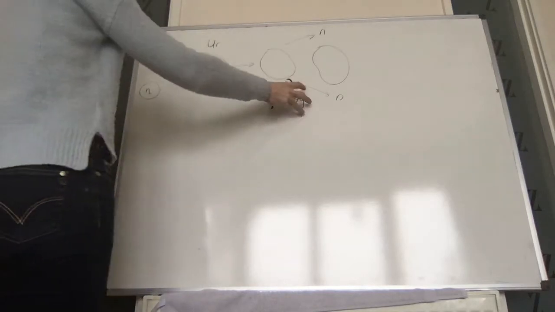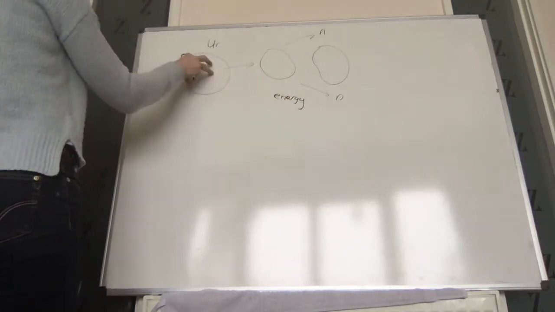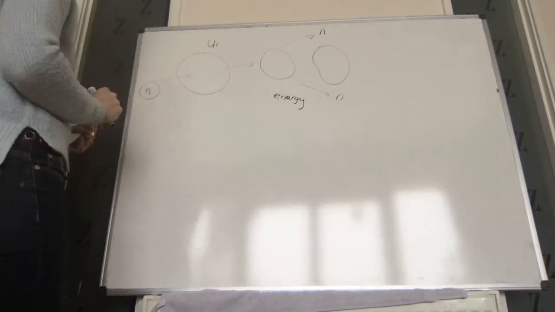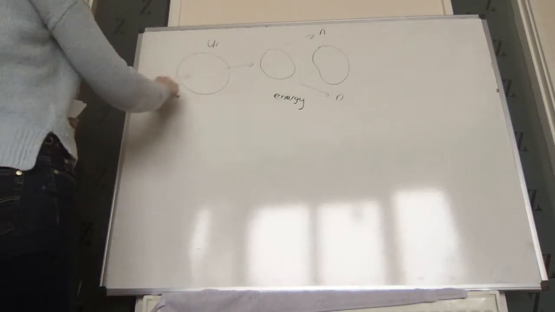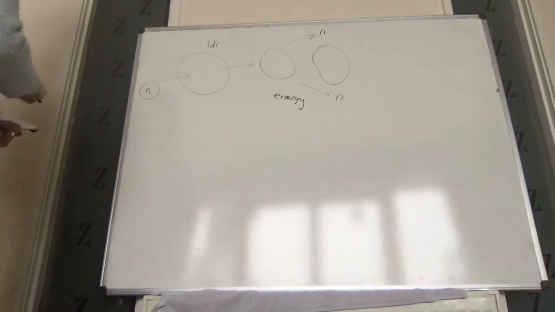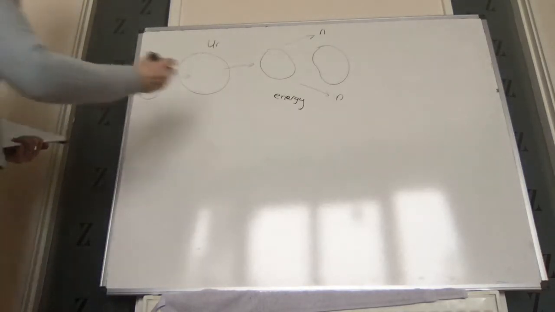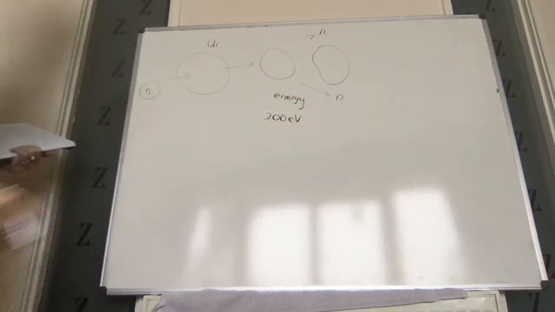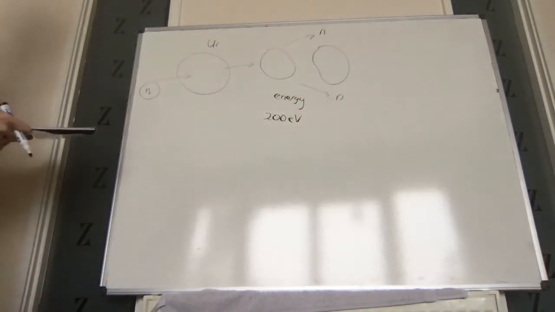So there's a huge amount of energy released when the nucleus of uranium splits up after a neutron being fired into it. Large amounts of energy, of the order of 200 electron volts, which really doesn't mean a lot to you guys right now until we go into it.